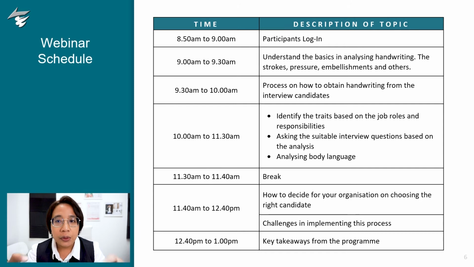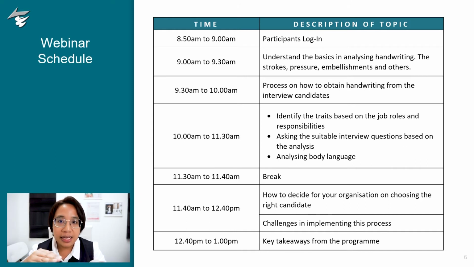From this handwriting, we will identify the traits based on the job roles and responsibilities that you are looking for in your company, and the suitable interview questions based on the analysis that you will be doing individually, meaning privately.